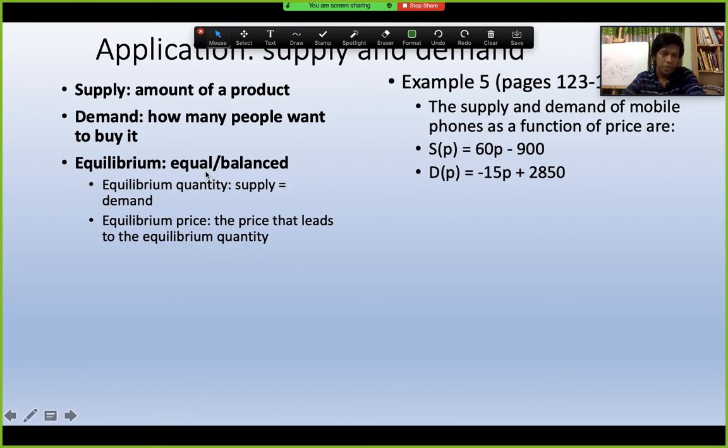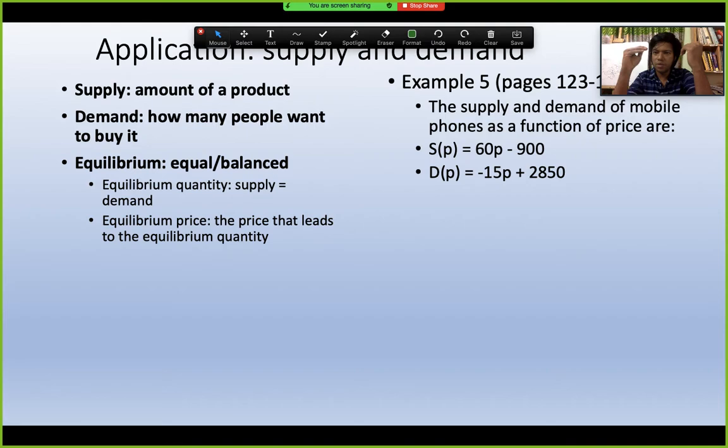For example, suppose in a locality the total number of mobile phones that all the people want to buy in a month is 6,000, and if you have 6,000 mobile phones of supply, then the market is in equilibrium. People want to buy 6,000, and there are 6,000 new mobile phones coming into that market. So people go to buy and have the mobile phones to buy there.